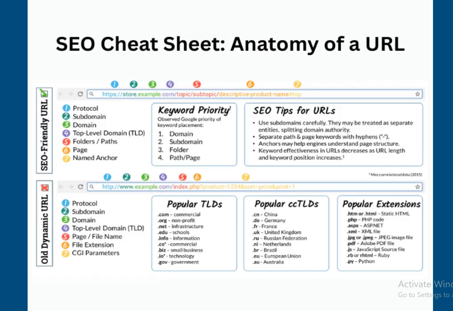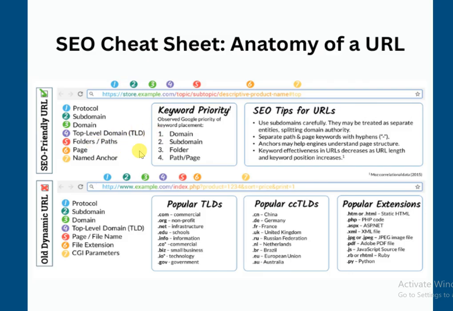And the next thing is, this slide is your quick reference SEO cheat sheet on the anatomy of a URL. Every part of a URL matters for both users and search engines. On the top, you will see the SEO friendly URL structure. This is broken down into protocol, subdomain, domain, and top level domains like .com, .org, or based on the country also.